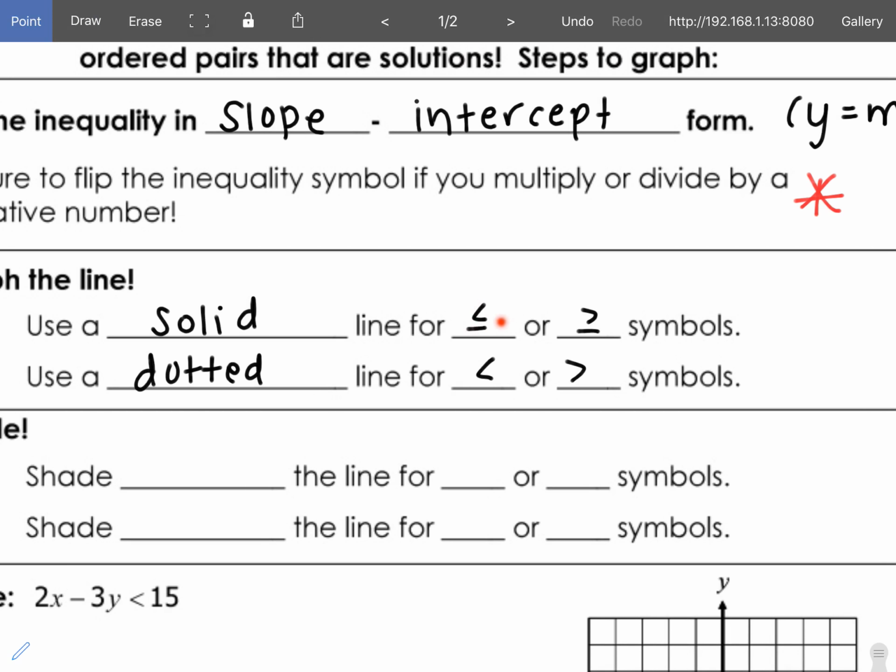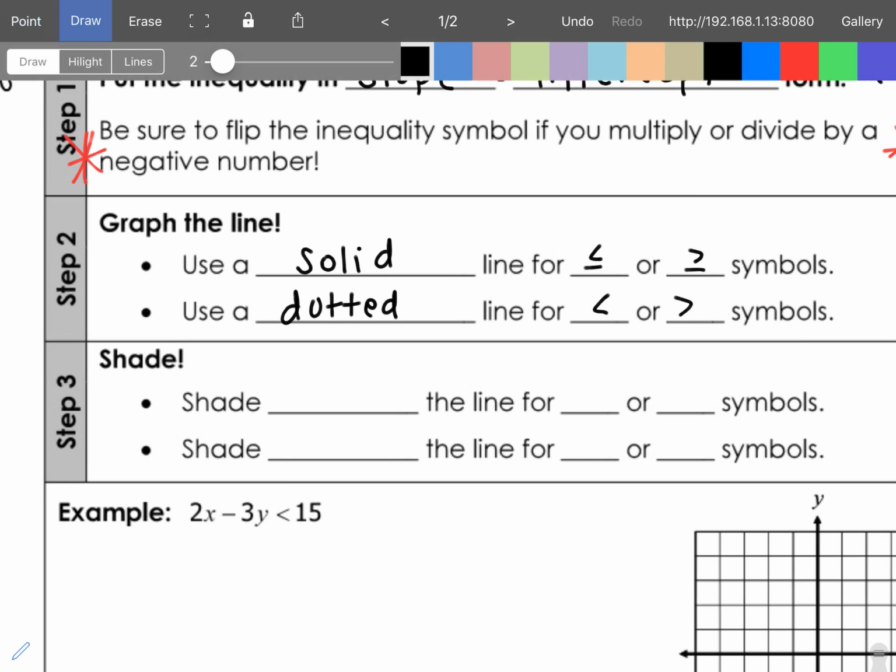So this is less than or equal to, greater than or equal to, less than, greater than. And then you're going to shade above the line for greater than or equal to, and you're going to shade below the line for less than or equal to.